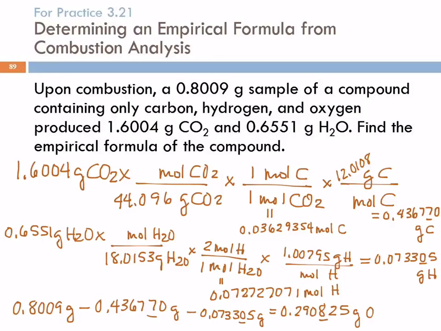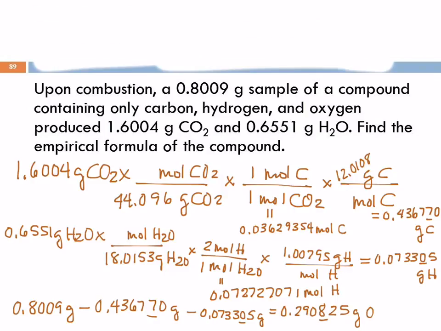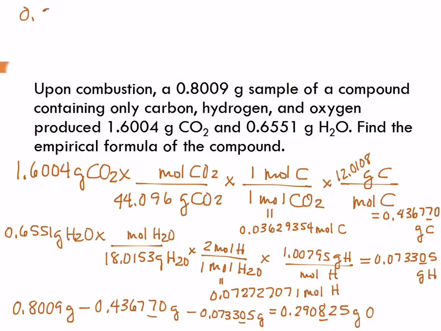What do I need to do to this mass of oxygen? I need moles of oxygen. I also need more space. There's some more space. So I'm going to move up to the top. 0.290825 grams of oxygen.